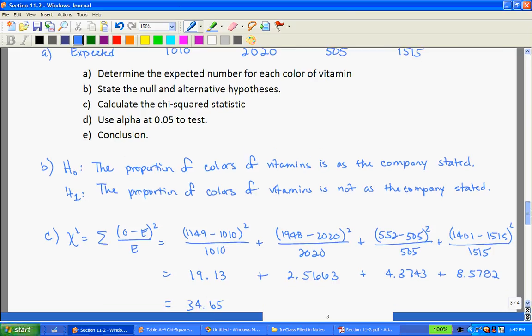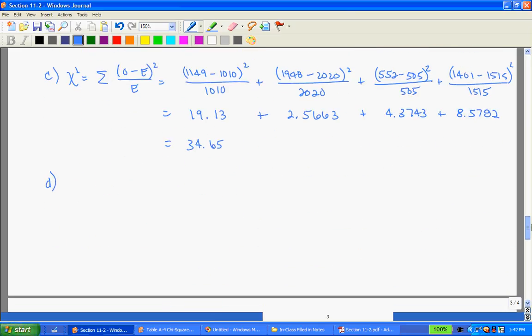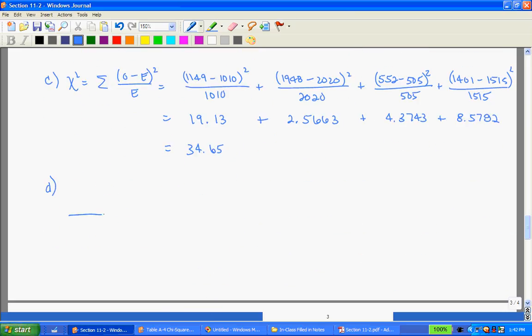Okay, part D, use alpha at 0.05 to test. So for chi-squared, the skewed distribution here, I know that this tail area is 0.05, and I'm looking for a chi-squared that gives me that. So I go to my chi-square table. Oh, got to do degrees of freedom. I tend to forget that. We had 4 colors, 4 categories, so my degrees of freedom are 4 minus 1, or 3.